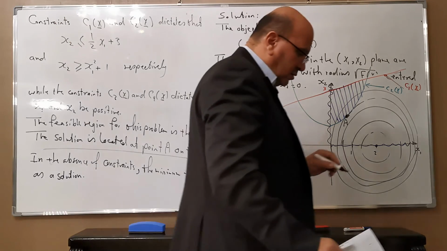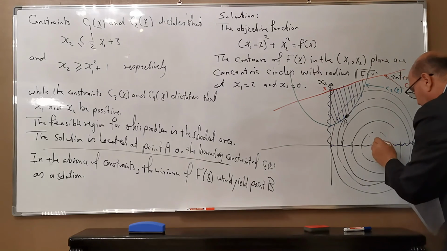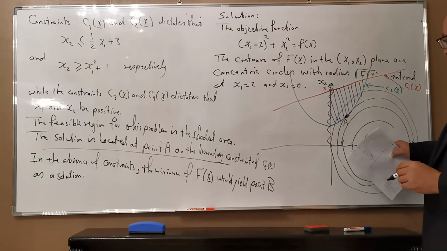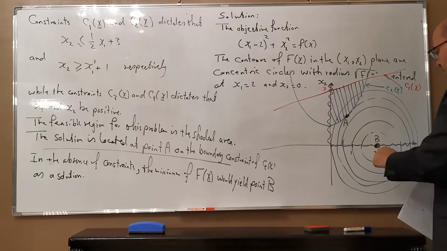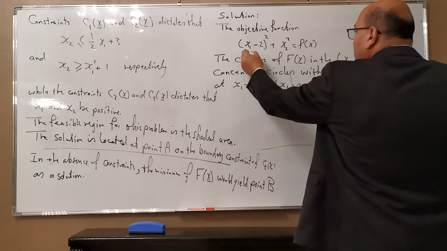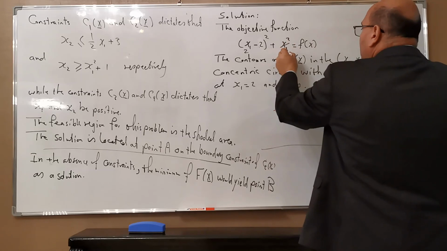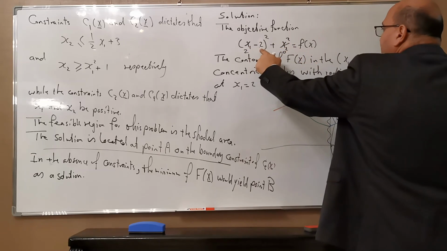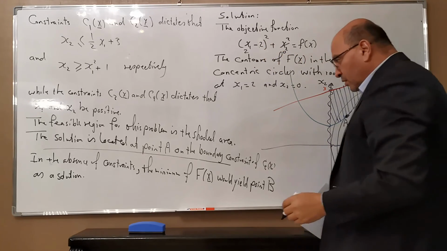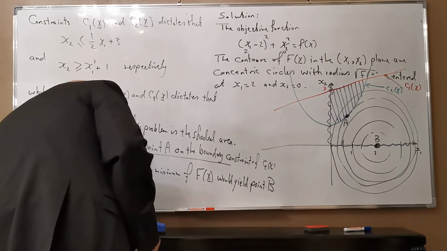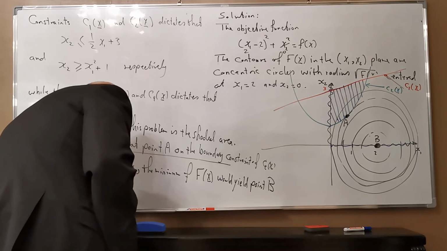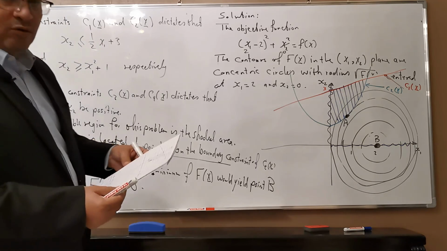And guess where this point B will be? It will be here, at the center of the concentric circles of f of x. So if B is the center, this means that x1 equals 2 and x2 equals 0. So f of x will be 2 minus 2 equals 0, 0 squared plus 0 squared, and f of x is equal to 0.